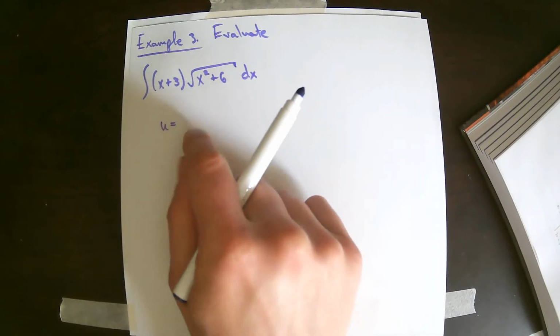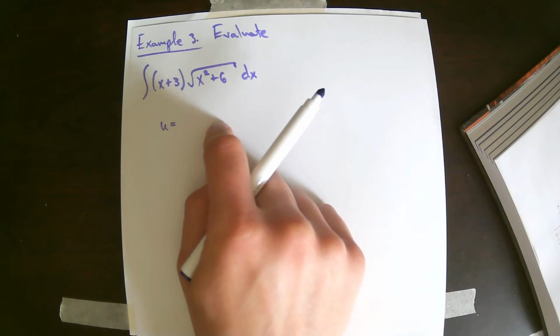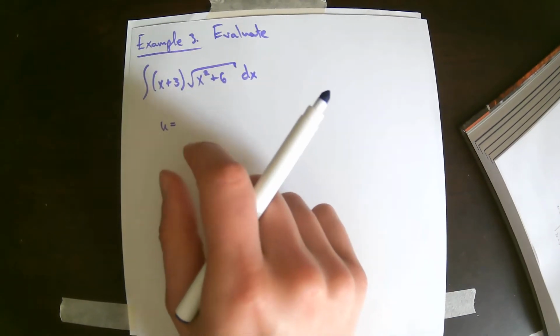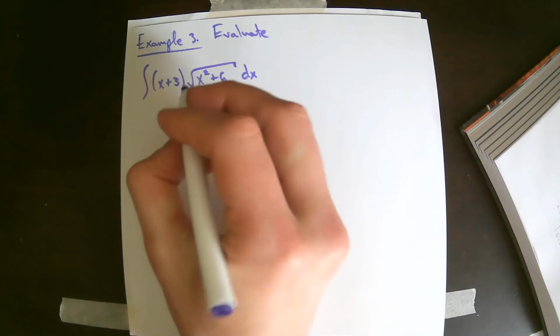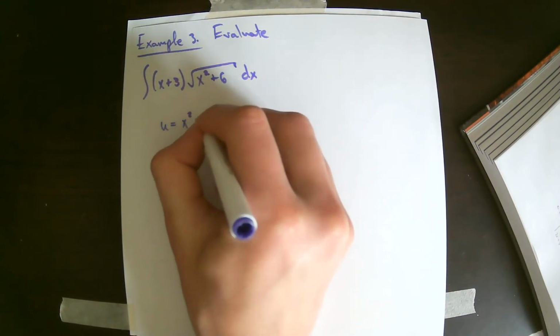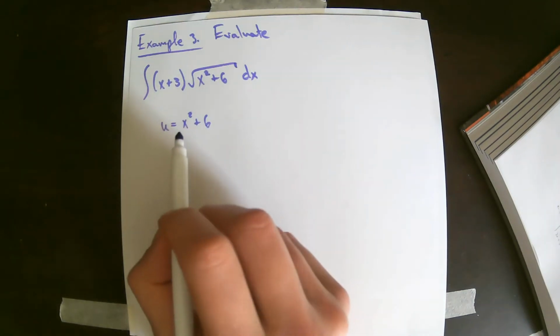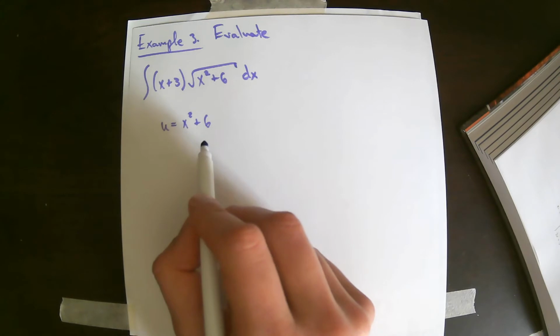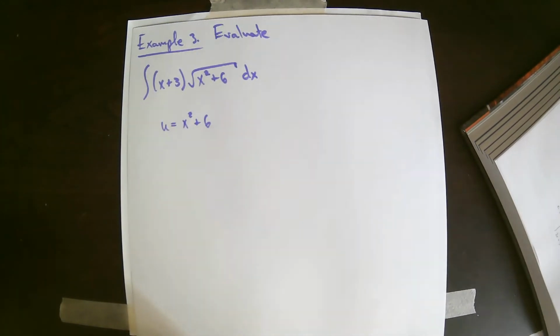So if I let u equal x plus 3, then the derivative will be 1, and that's not going to cancel anything. But if I let u equal x squared plus 6, I might be in better shape because the derivative of x squared is 2x. That gives me an x to work with to try to cancel that out.